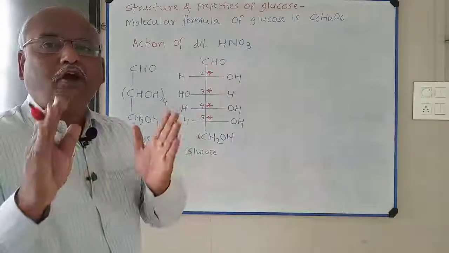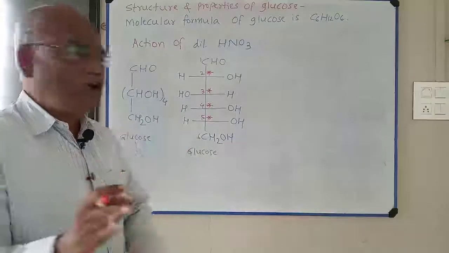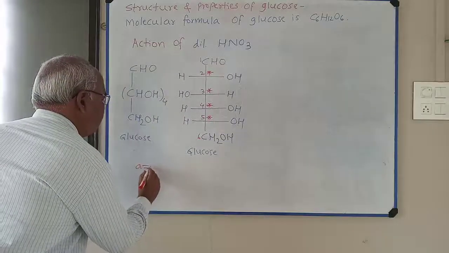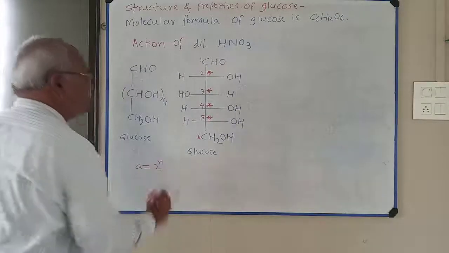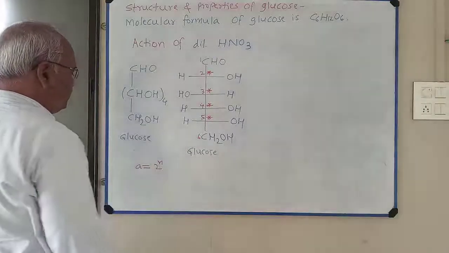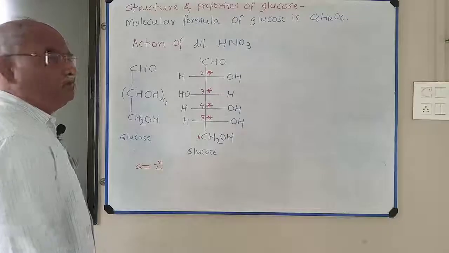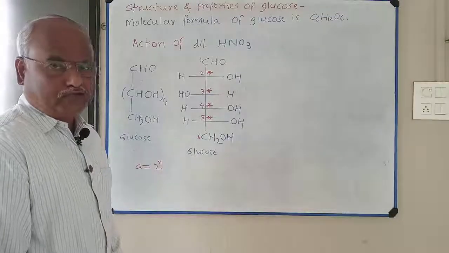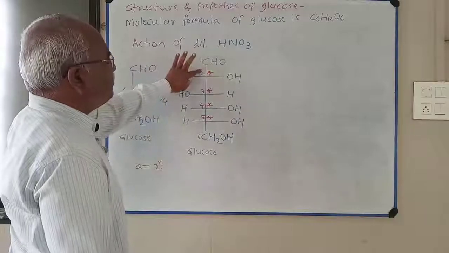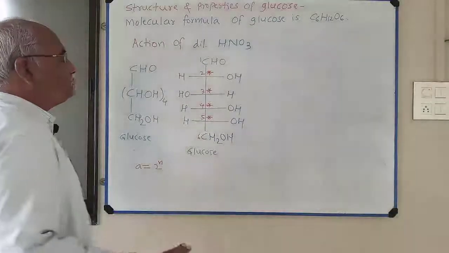So the number of optical isomers of glucose is calculated by the formula A equals 2 raised to n. A means the number of optical isomers and n represents the number of asymmetric carbon atoms.